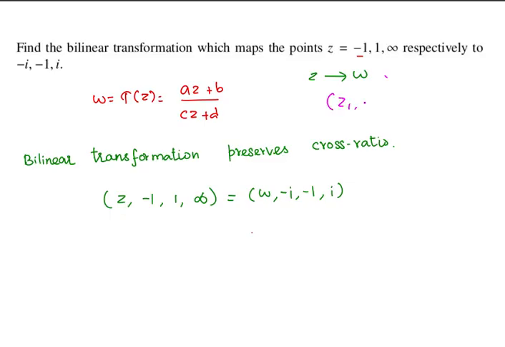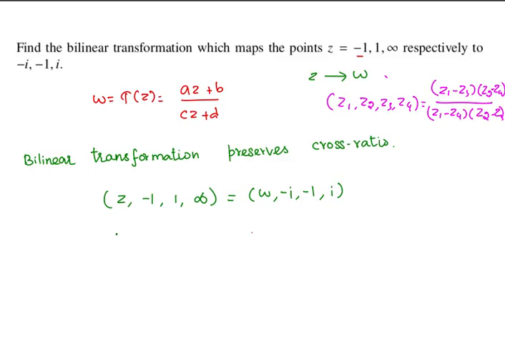For z1, z2, z3, z4, if none of them is infinite, all are distinct points, then the cross ratio is (z1 - z3)(z2 - z4) divided by (z1 - z4)(z2 - z3). If any one of these is infinite, those terms will not appear.